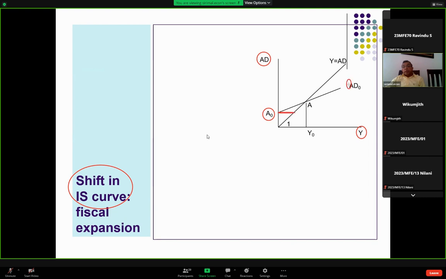And then AD0, that is our aggregate demand function. The line of equality is here with slope 1. And the aggregate demand function and the line intersect at this point, so that we have the Y0 output level.